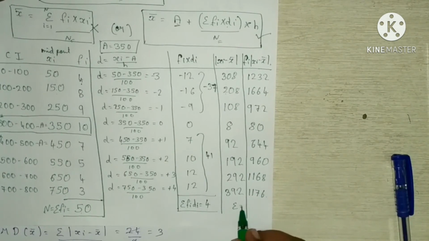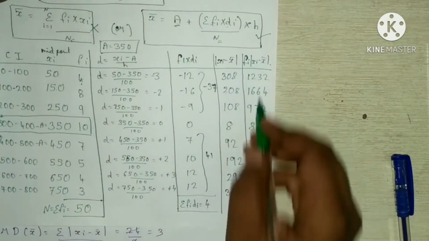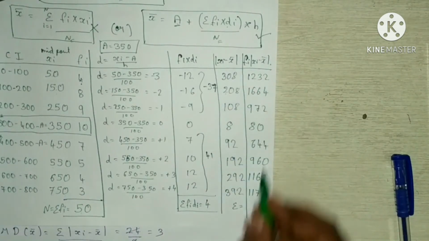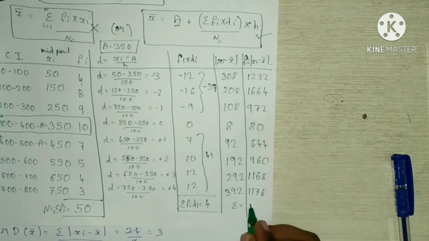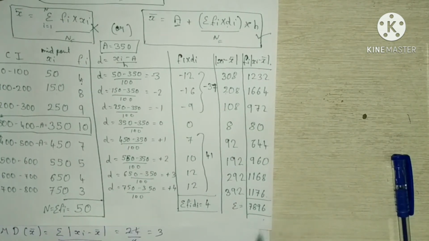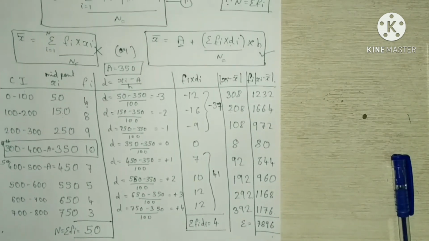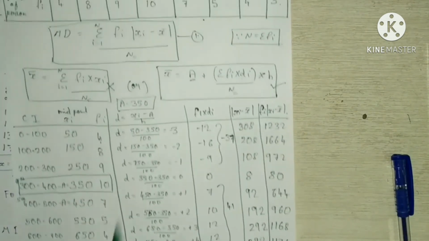Find the summation of summation Fi into Xi minus X bar. By adding all this, you will get around 7896. Now you can apply this in the mean deviation formula.